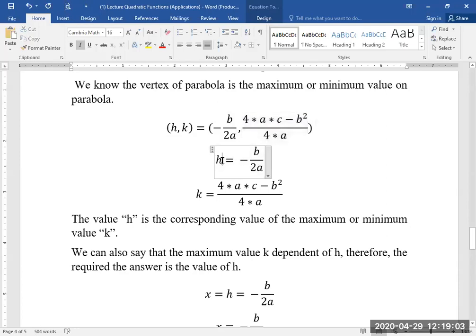I have represented it, and one can represent it with h, the x coordinate or abscissa of the vertex of the quadratic function, and one can also denote the maximum value, or y value, corresponding to x of the vertex of the parabola.